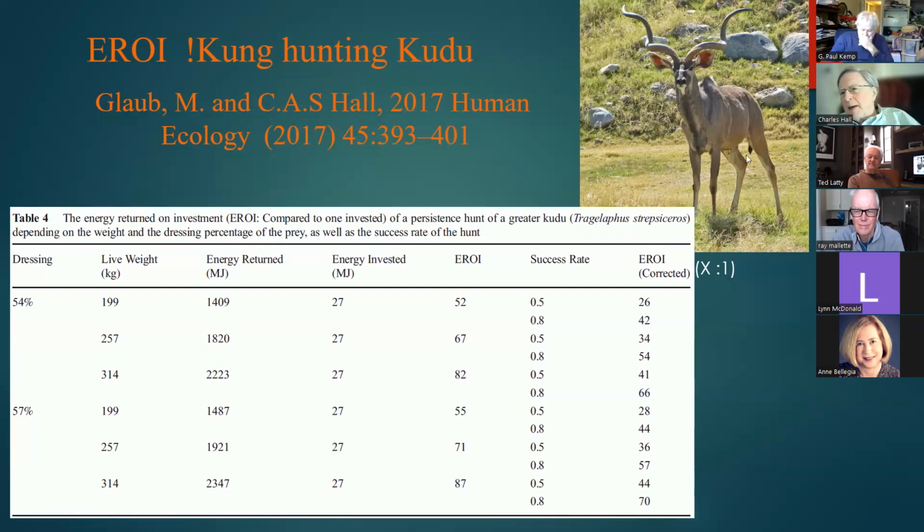They would keep after the kudu until it was so hot from running that it couldn't move. If an animal overheats, it's incapable of motion. Then the young fellas would rush in and spear the kudu. And that's presumably how our ancestors learned how to catch these very fast animals.